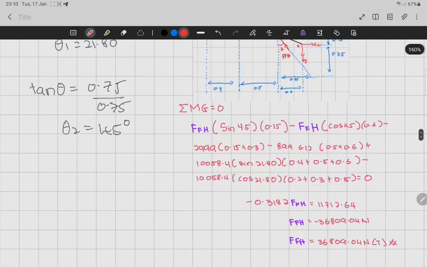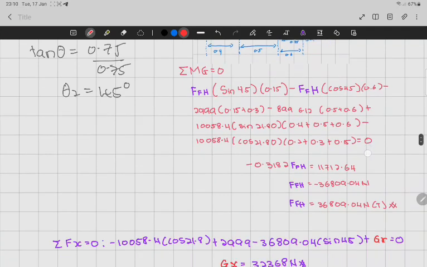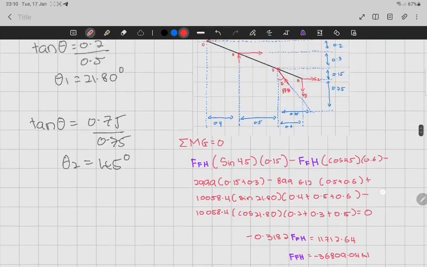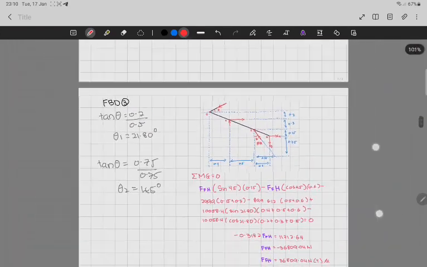So over here we need to find the FH. Calculating using the calculator, I got 36,809.04 Newton for the T point.